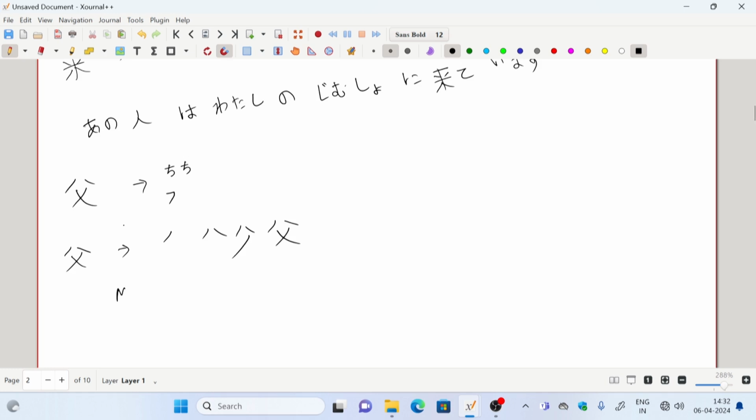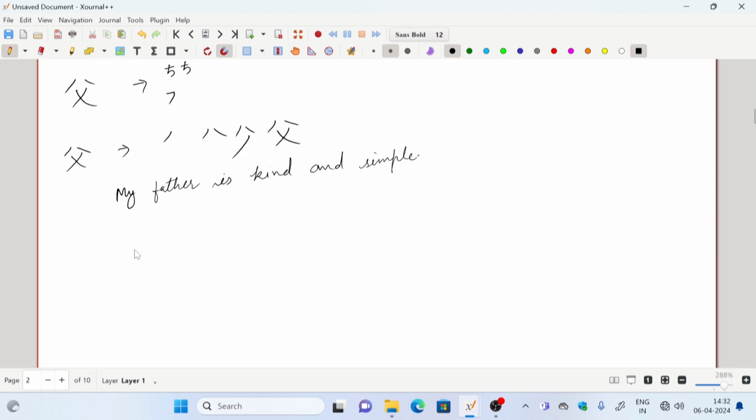Let's use this in a sentence. My father is kind and simple. So my father will be chichi wa, kind is shinsetsu, simple is yasashi.